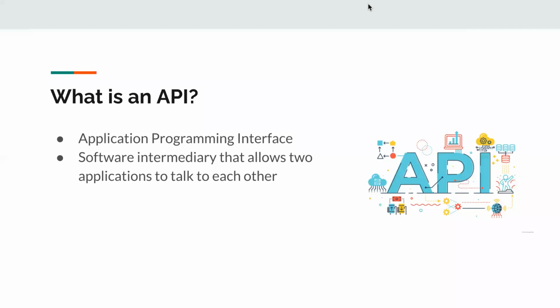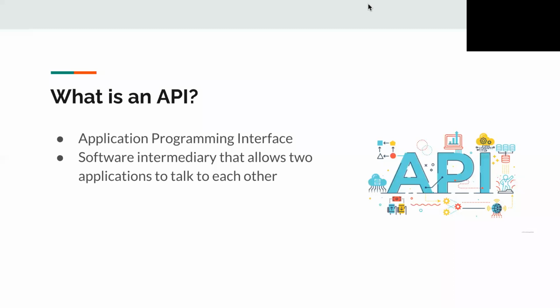Just briefly, please. Sure. So at its core, an API is a way to send information from one application to another. And this application can be anything from a database or just another API as well, right? So there are many different ways to make an API. You can do it in practically any language.